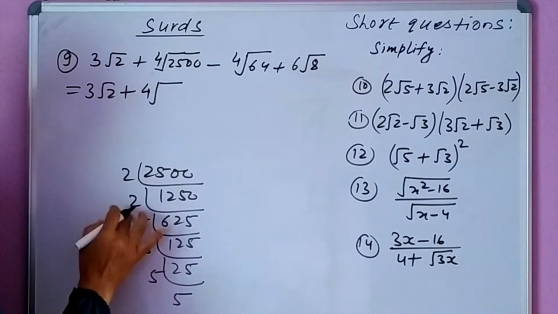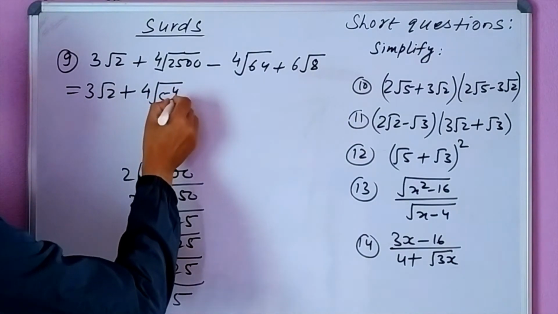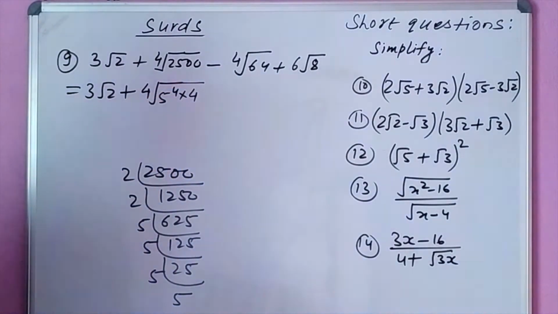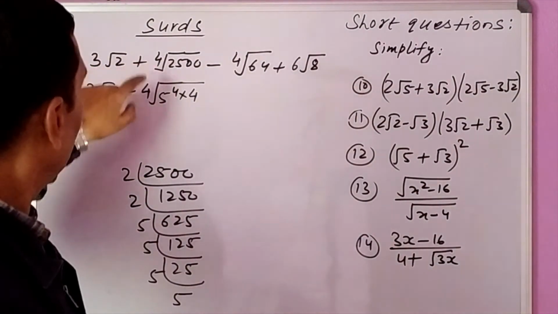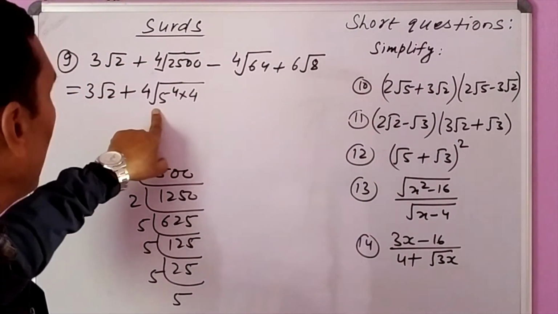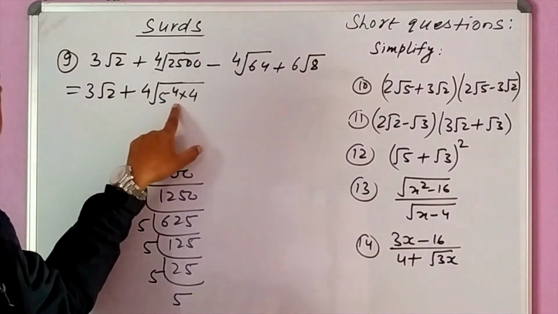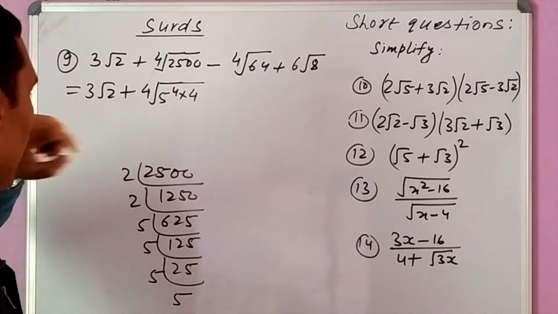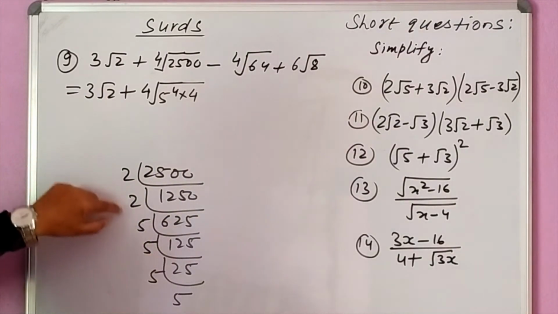So 1, 2, 3, 4, 5 to the power 4 into 4. Because if the order of this root is 4, we try to get the power 4 of any value in the radicand. We get 5 to the power 4, and still this 2 is squared.